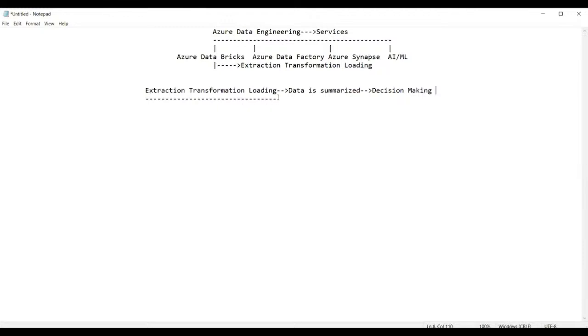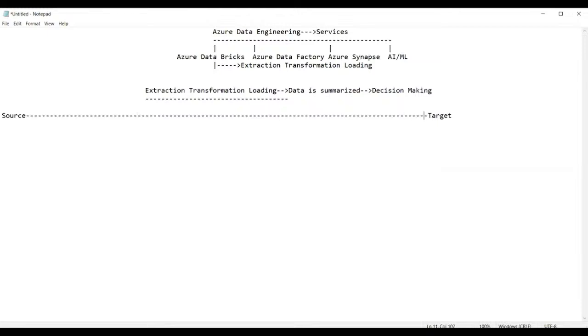So this process of extraction, transformation, and loading basically requires the following: a source, and the next one, a target.